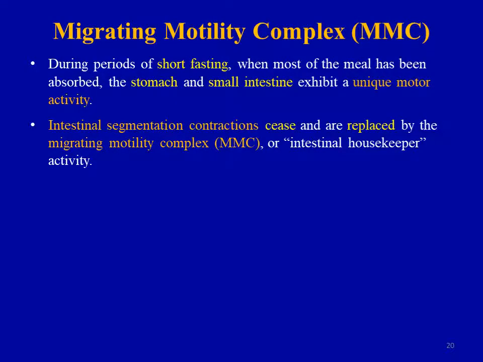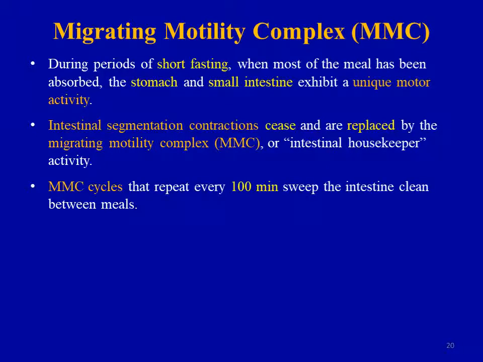The intestinal segmentation contractions will cease and will be replaced by migrating motility complexes, or what we call the intestinal housekeeper activity. MMC cycles that repeat every 100 minutes will sweep the intestine clean between meals, and the same for the stomach.